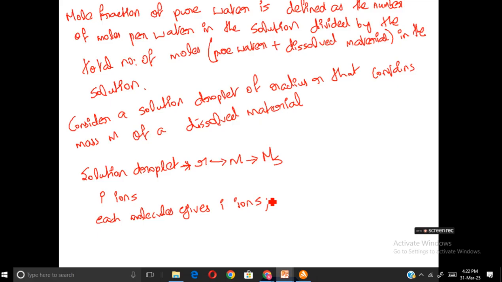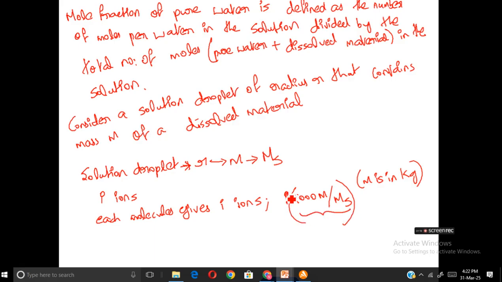So the effective number of moles will be, each mole gives i ions. The number of moles of the material is basically 1000 times m by Ms, where m is in kilogram. Ms is in grams, so we multiply by 1000. So i into 1000 m by Ms is the number of moles of the dissolved material times i.